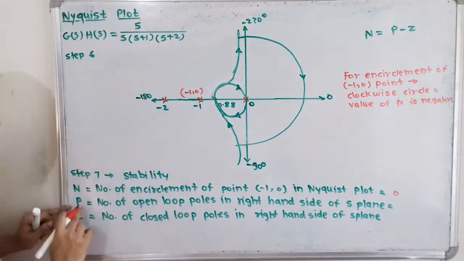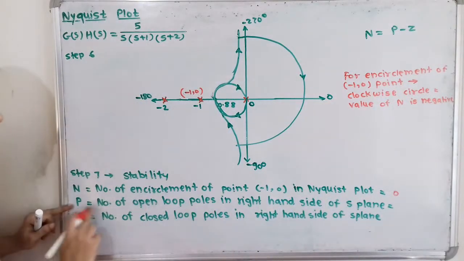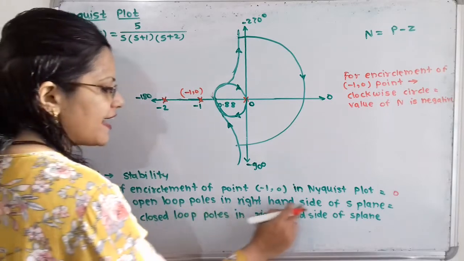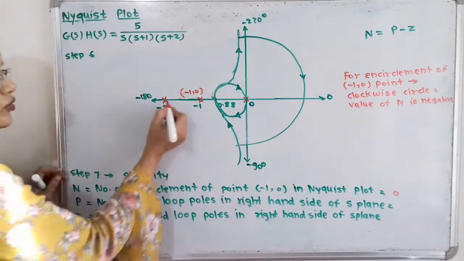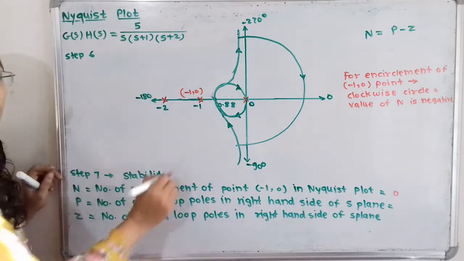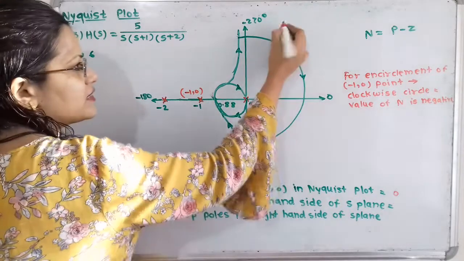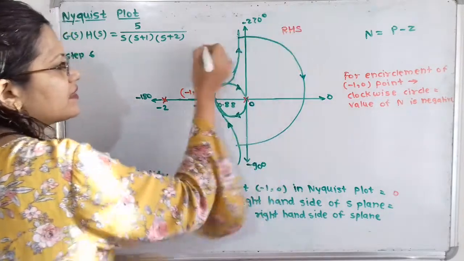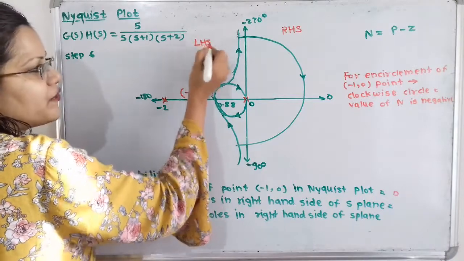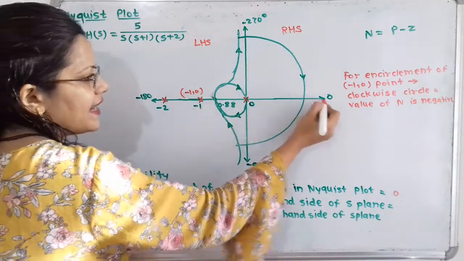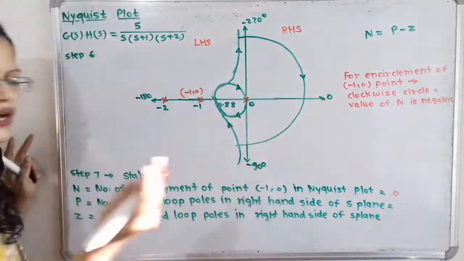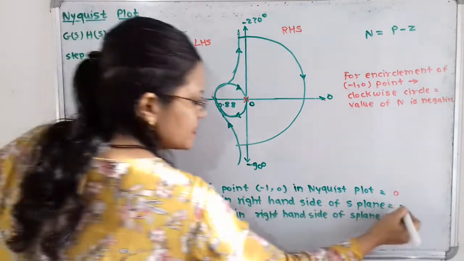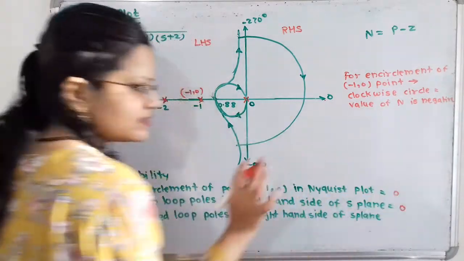Then P means the number of open loop poles in the right hand side of the S plane. This is the right hand side and this is the left hand side of the S plane. On the right hand side there is no open loop pole, so for this diagram it is 0.